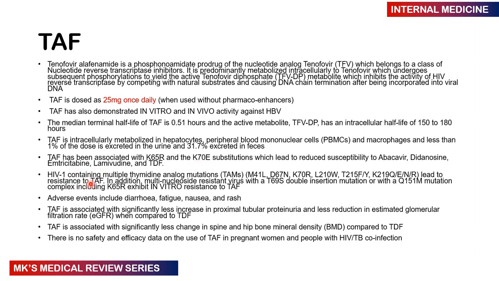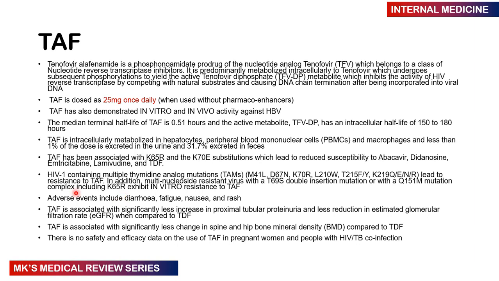Now, HIV type 1 containing multiple thymidine analog mutations, such as these ones listed on the screen, can actually lead to resistance to Tenofovir Alafenamide. And in addition, you may have some multinucleoside resistant viruses with a T69S double insertion mutation, or just a Q151M mutation complex that includes our K65R. These can actually exhibit some form of resistance to Tenofovir Alafenamide.